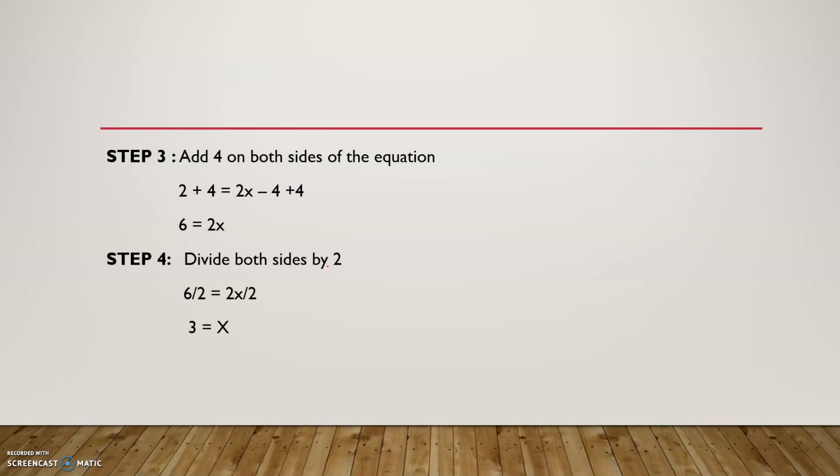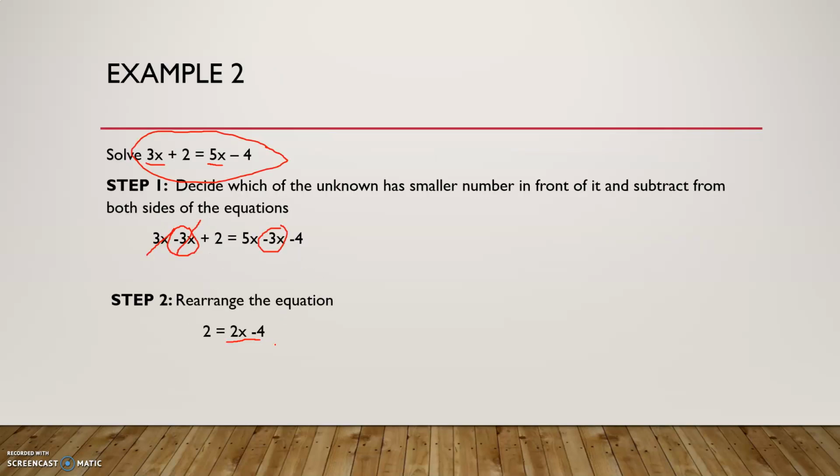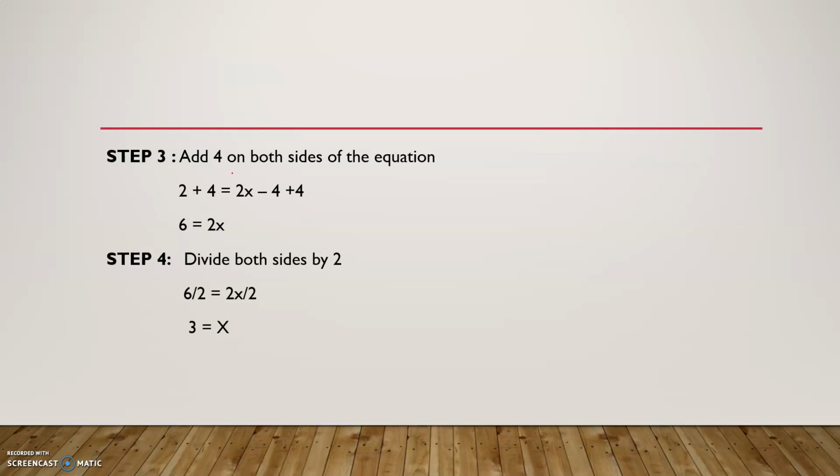Now step number 3, we are only interested in x. So we're going to isolate this 2x, and we can do that by adding 4 on both sides of the equation.